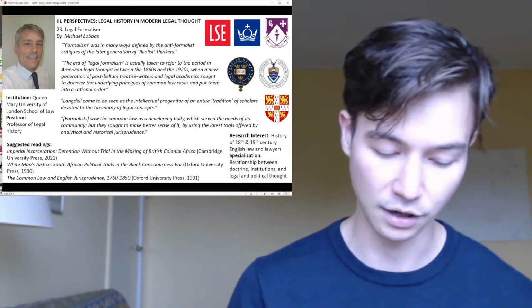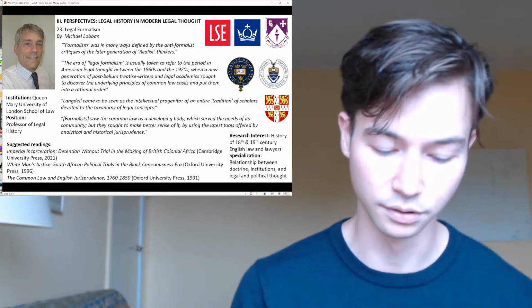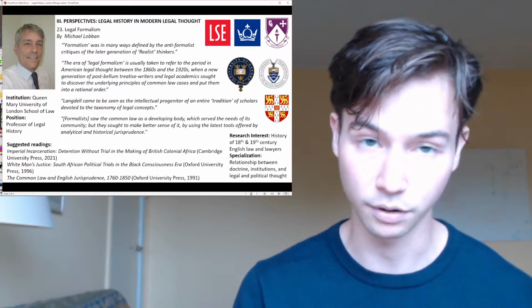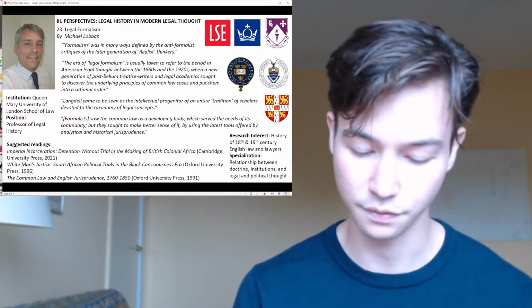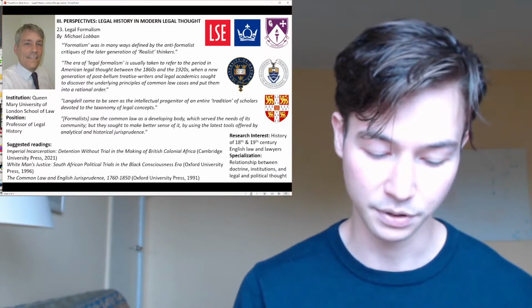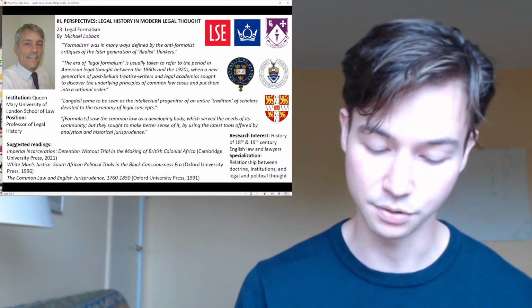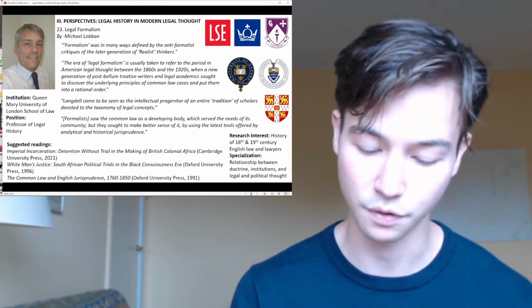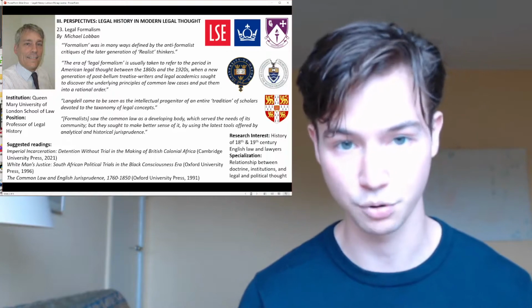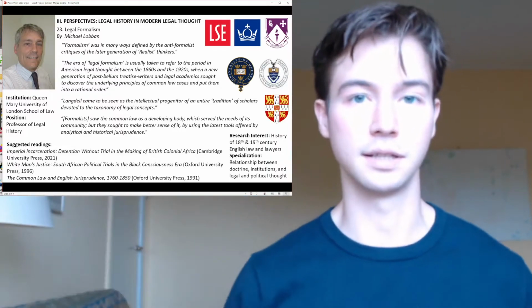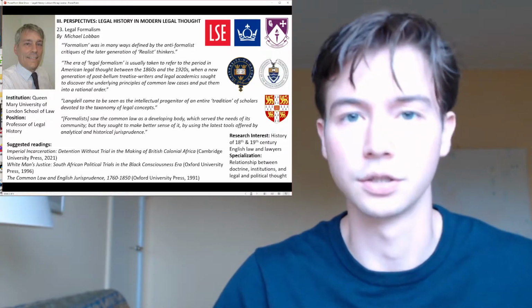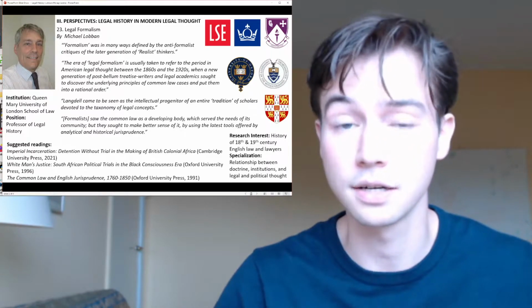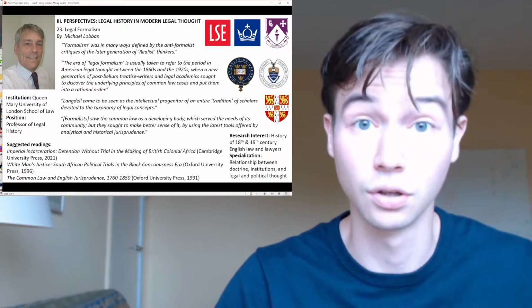And then to his final quote, he said, they saw the common law as a developing body, that is legal formalists, which served the needs of its community, but they sought to make better sense of it by using the latest tools offered by analytical and historical jurisprudence. So in aggregate, the legal formalists were trying to apply these new legal analytical tools incorporated by Langdell's study of case law.